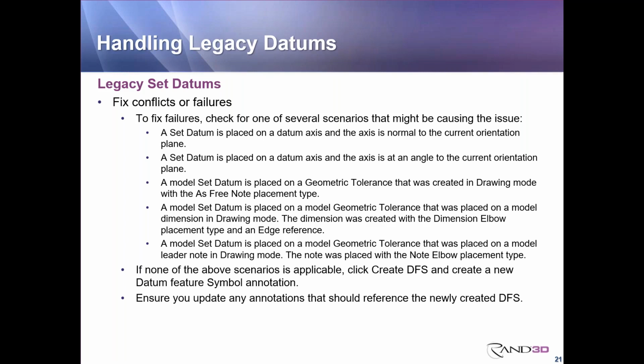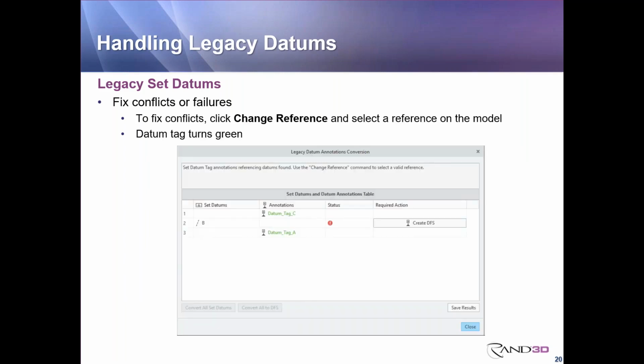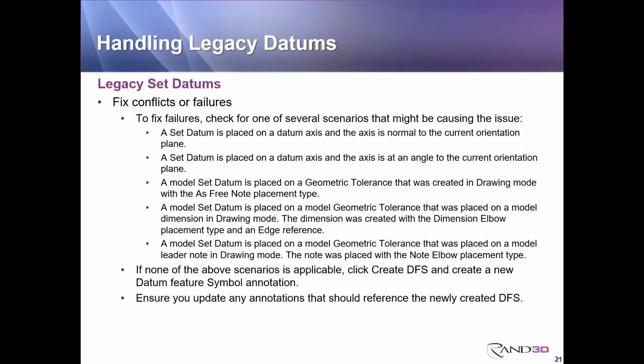So if the software can't convert a legacy set datum to a datum feature symbol, you must create the datum feature symbol manually. It'll show that status icon, like I said before. And depending upon the failure, because every failure situation is different, there are some things that you can do.